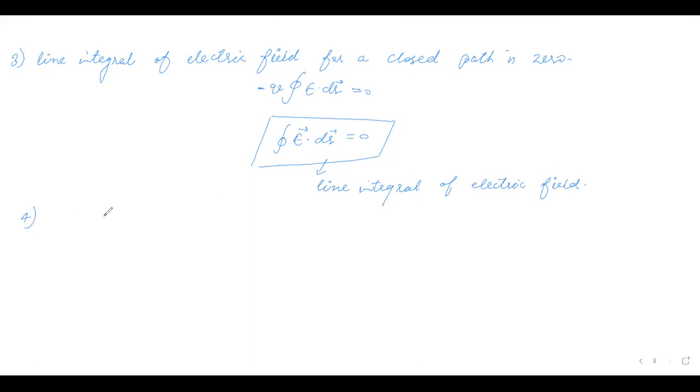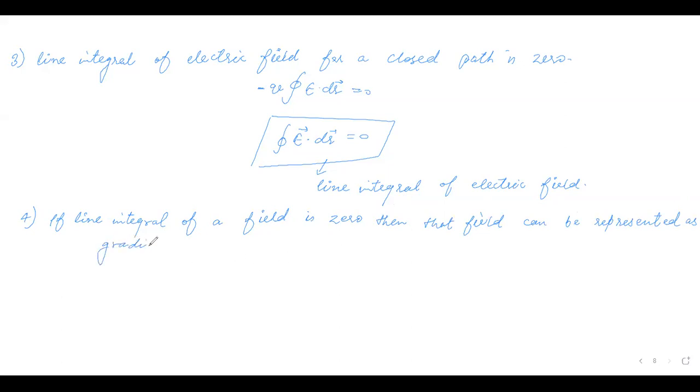In the next point, if the line integral of a field is 0, then that field can be represented as the gradient of a scalar function known as potential.